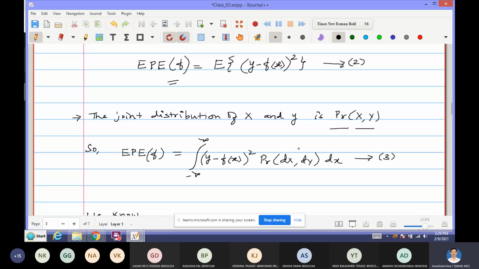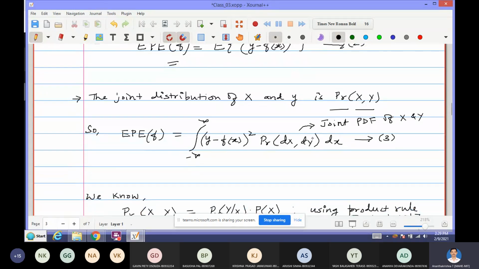The quantity under consideration here is (y minus f of x) the whole square, multiplied by the joint PDF of x and y, denoted with dx dy. We can also use the standard f of x y notation, but f is already used for the mapping function here.